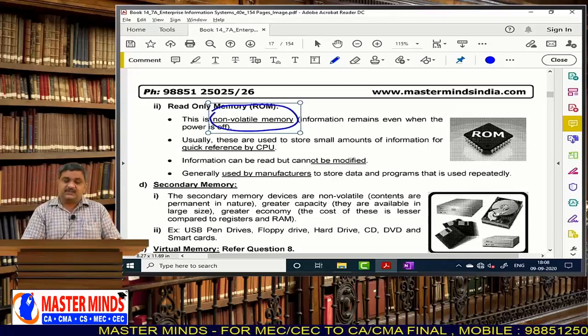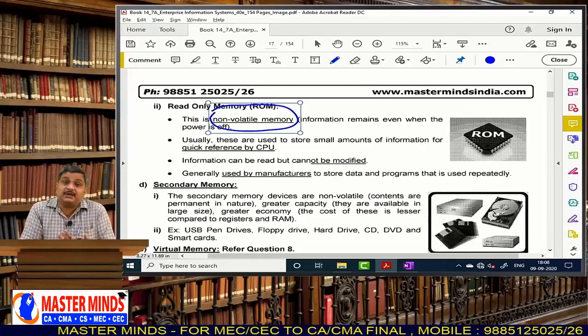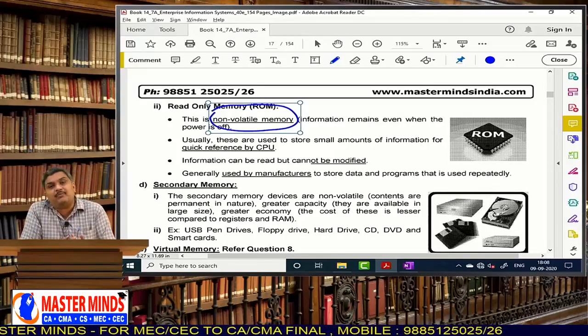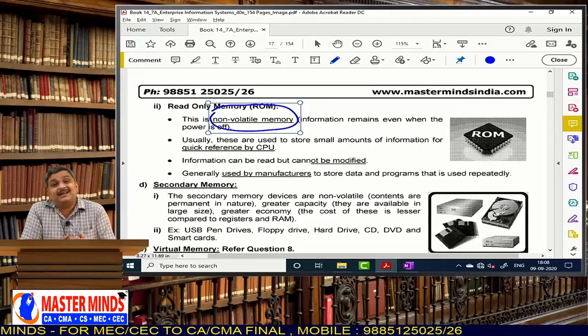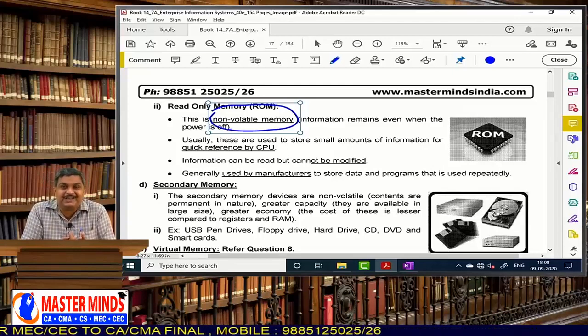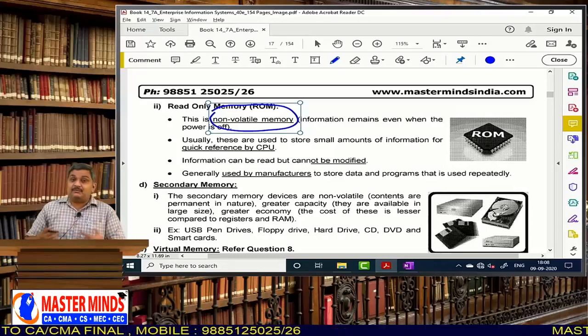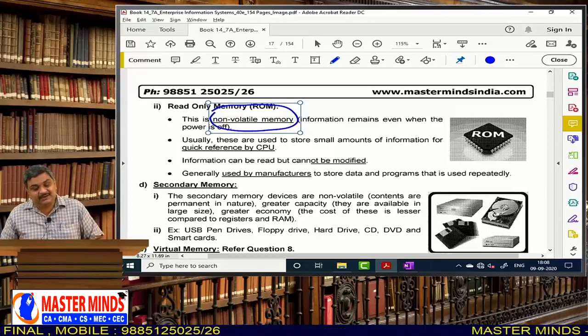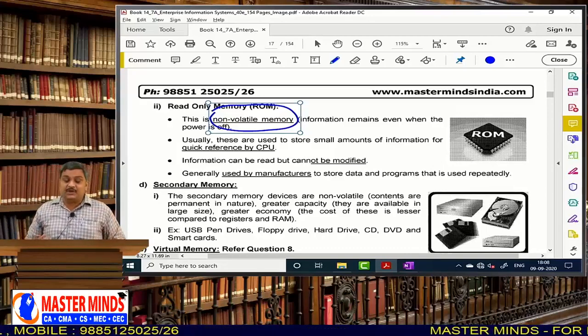And you know, even the pen drive that we use is also a ROM. It is electrically erasable programmable read-only memory, EEPROM. And we generally say CD-ROMs, compact disk read-only memory. So why is it read-only memory?